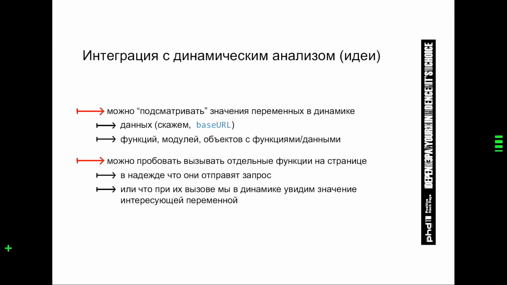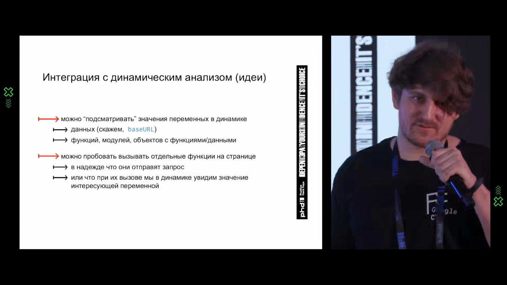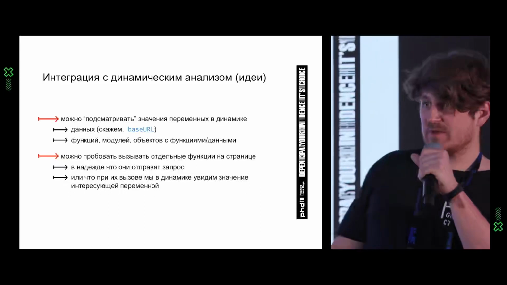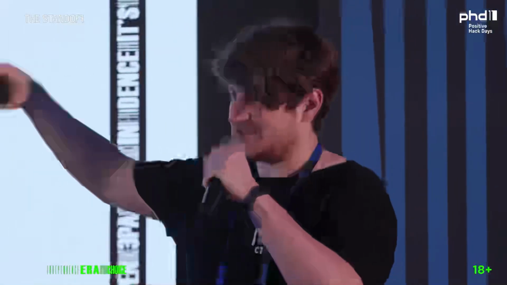We would be able to look at all the values. So in dynamic, we at least can get some of the values. It can work for data, for base URL or anything, or for functions, where the function points at where to get the data.